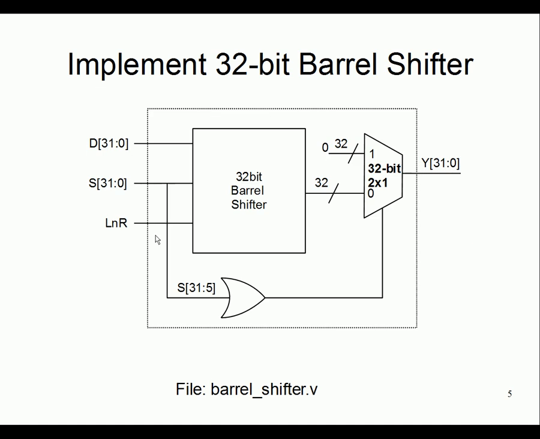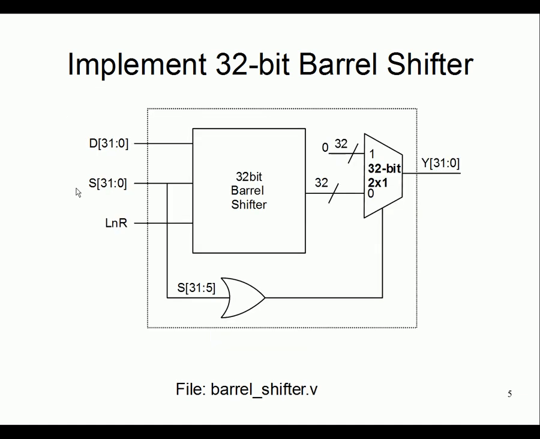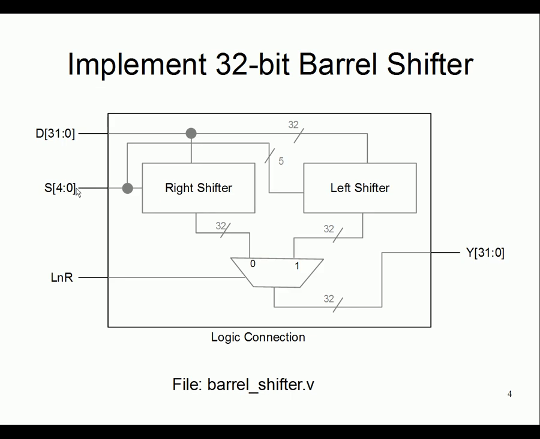And remember, my barrel shifter is taking 32-bit and 5-bit, but in fact this shifter will go inside the ALU, and the ALU takes both operands as 32-bit.